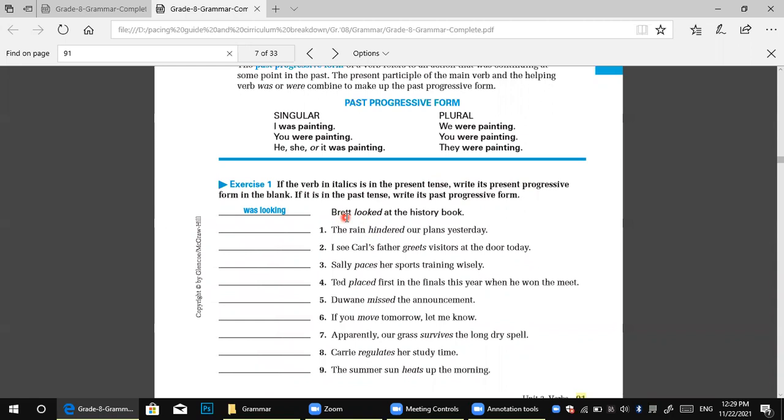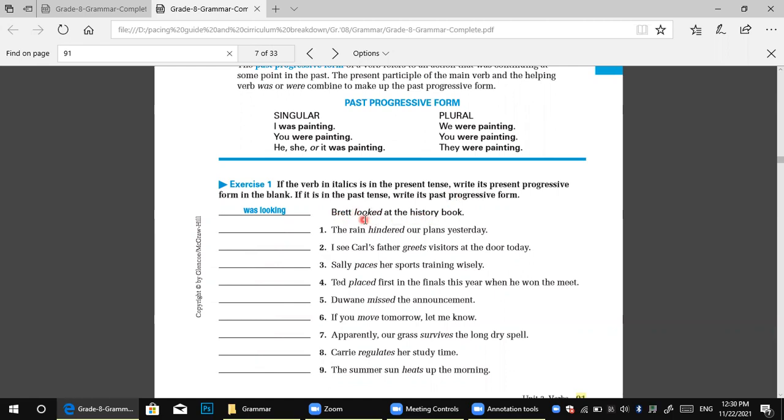But if the verb is in the past, try to write the verb in the past progressive. I'll try to give an example. Number one: Brett looked at the history book.